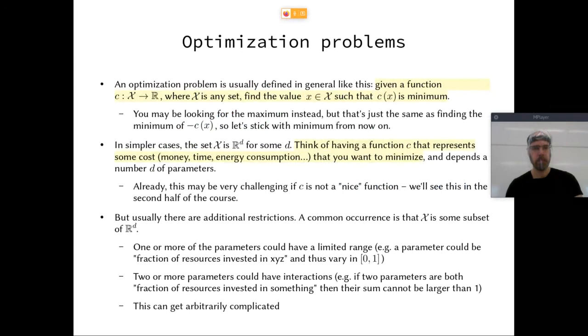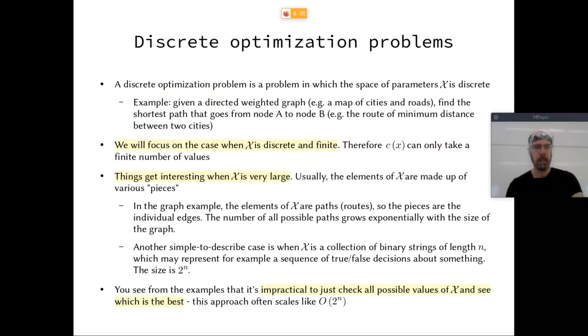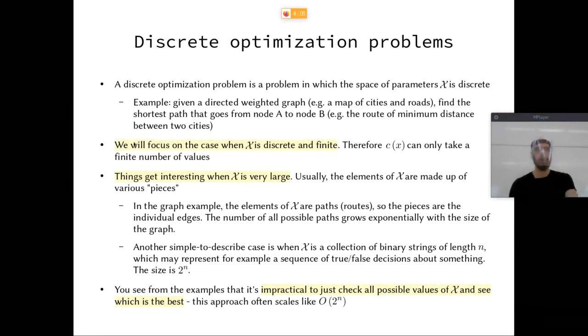So now, this is the highlight for right now. We will focus on this case where this X is discrete and also finite, just like the graph example. Now, of course, things get interesting when X is very large. Think about what it means to represent a path in there.